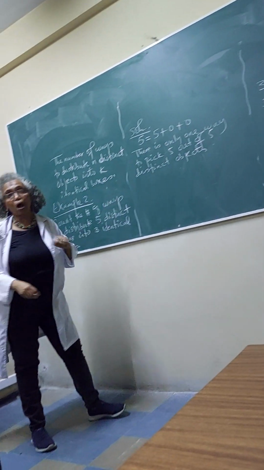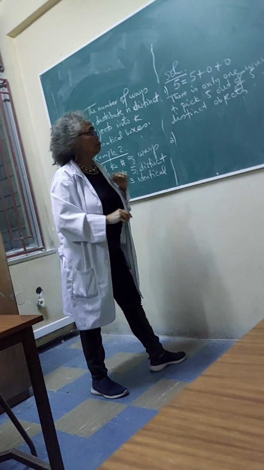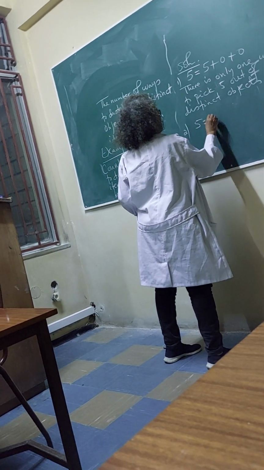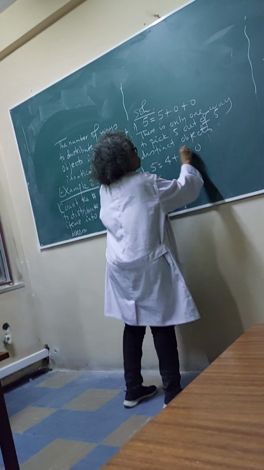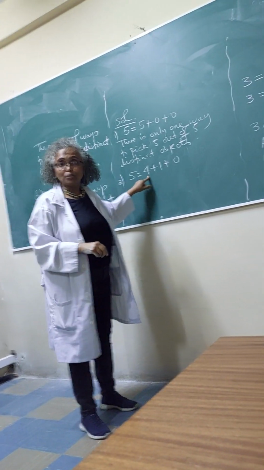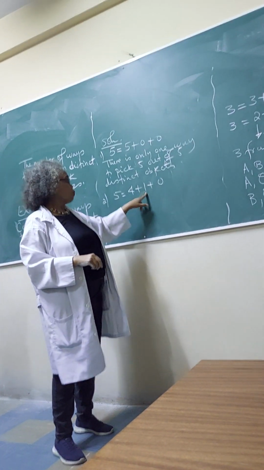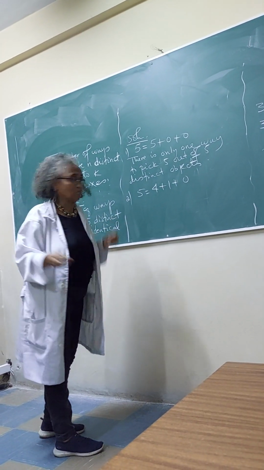So there is only one way to do that kind of arrangement. And the second one is that 5 can be obtained as a sum of 4, 1, and 0. This means 4 objects in one box, 1 in the other, and then leave the third empty.